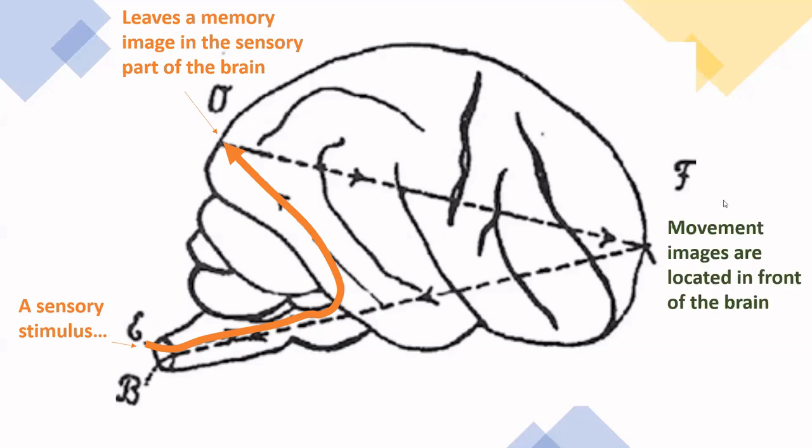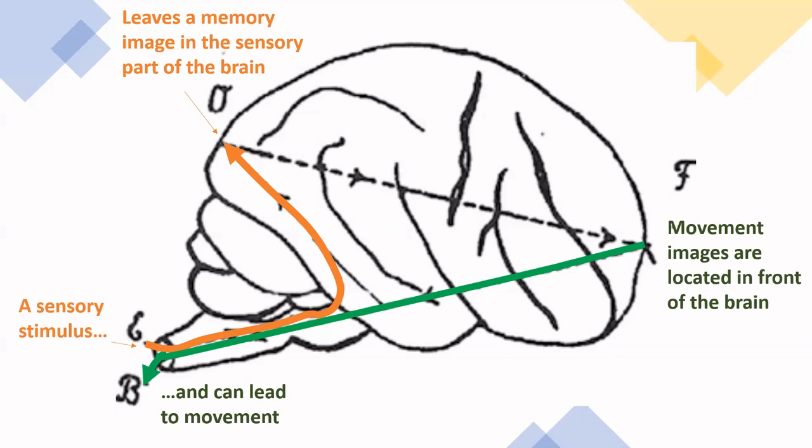So if we perform a certain motor activity or we do a certain movement, a so-called movement image is created, which is located in front of the brain, so in the frontal lobe. And activation of these movement images can lead to movement.